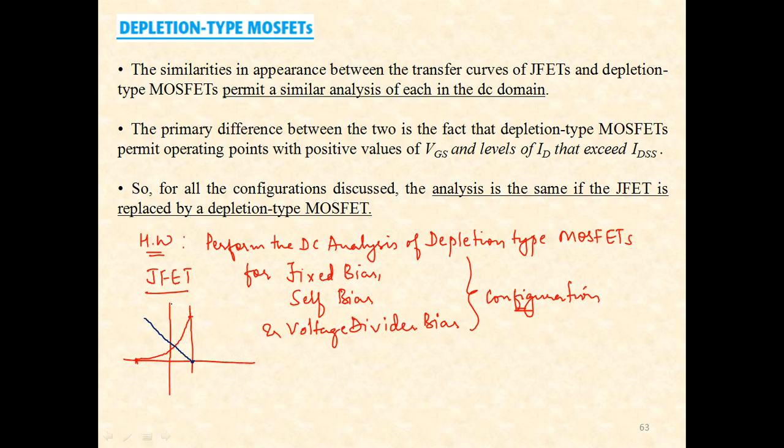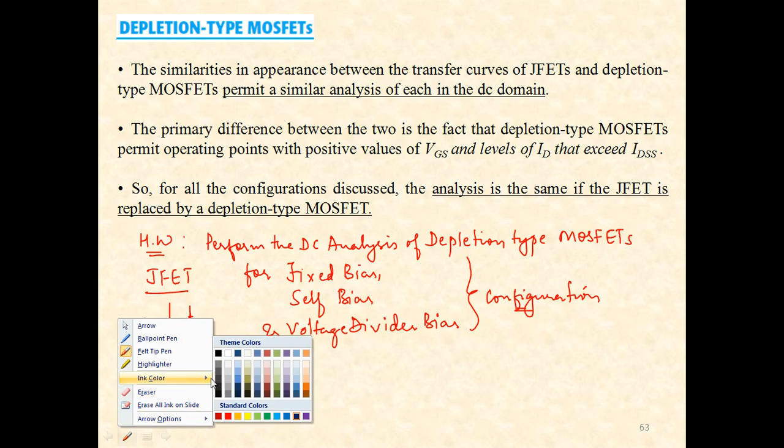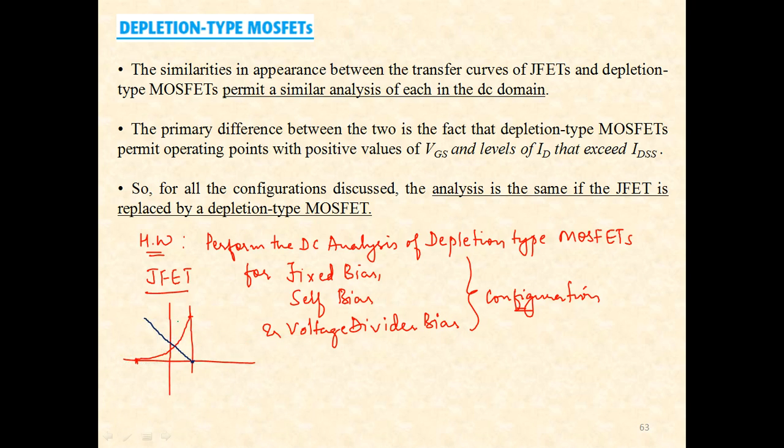And for a voltage divider bias, let me select a third colored pen, it was something like this. This is ID versus VGS.